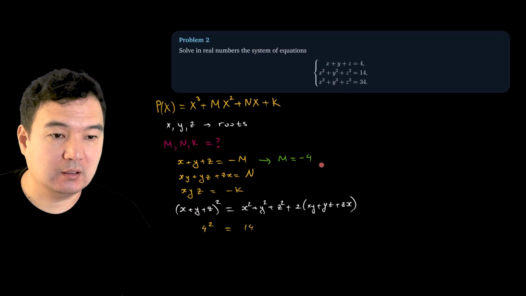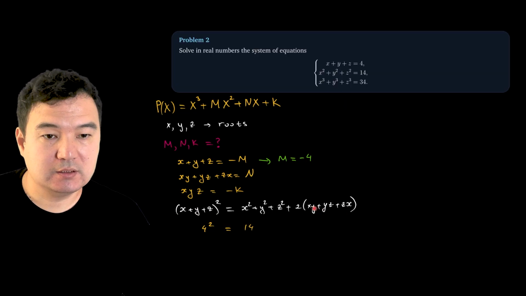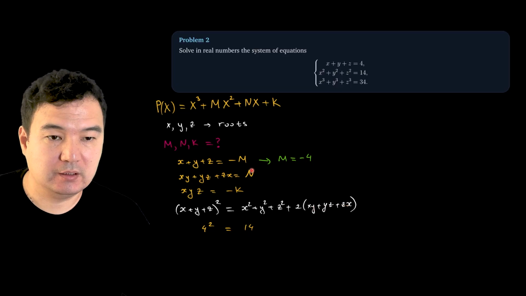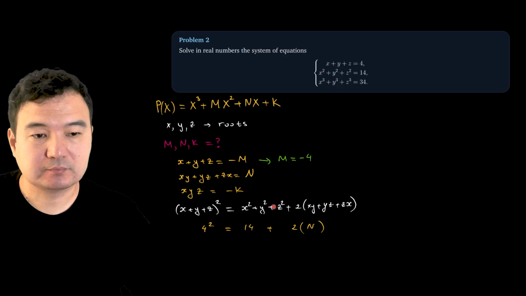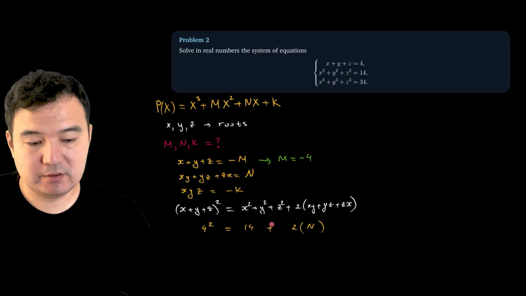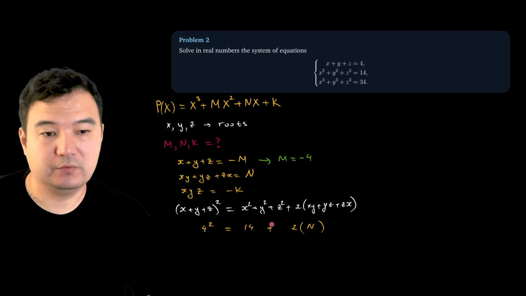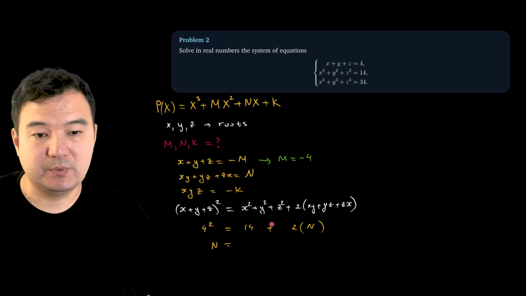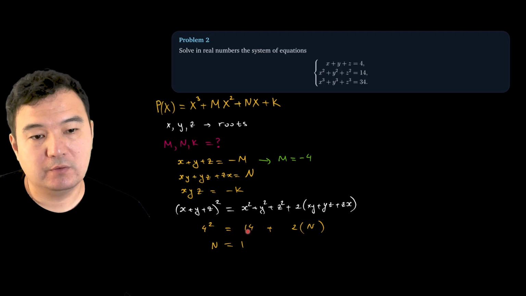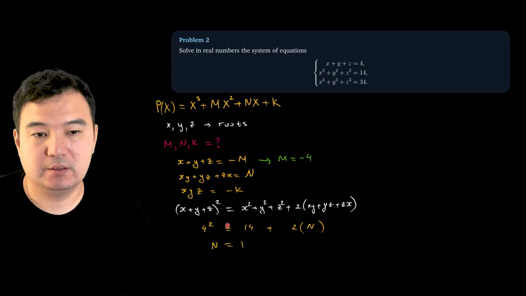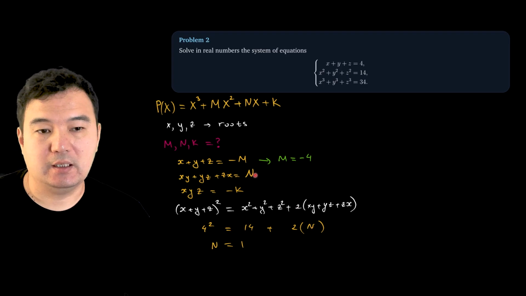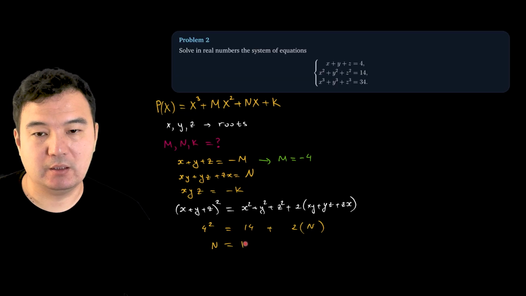And this part is n, so plus 2n. This is a very simple equation: 16 is equal to 14 plus 2n. That gives me n is equal to 1. So I know m, I know n.